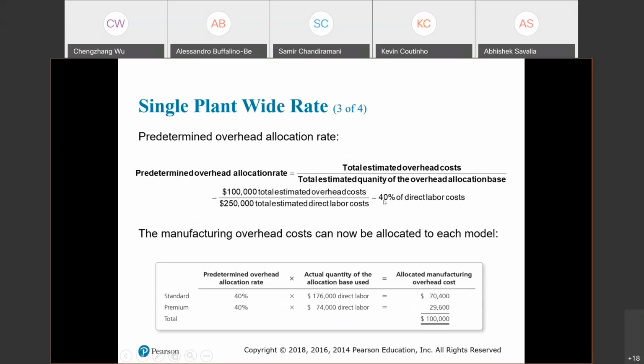So we get the predetermined overhead allocation rate, which is 40% of direct labor cost.